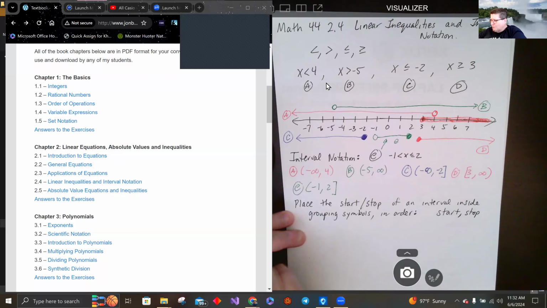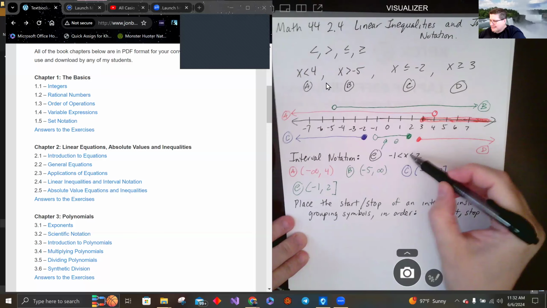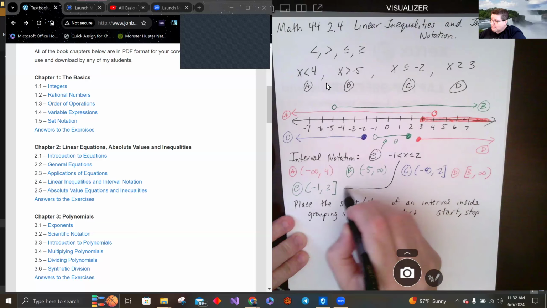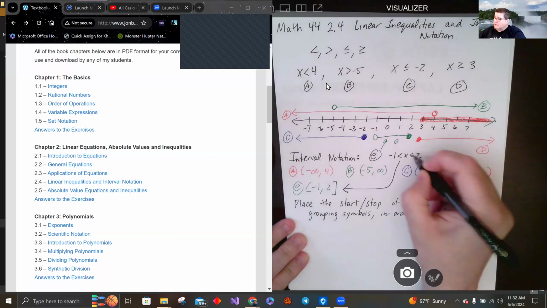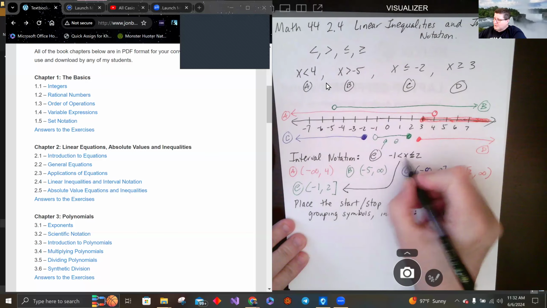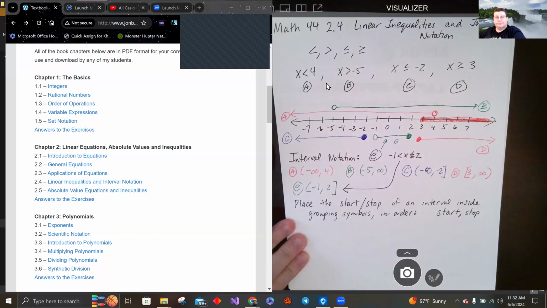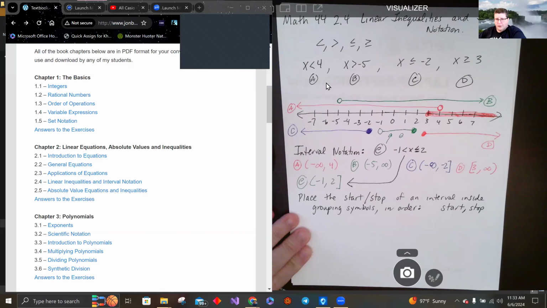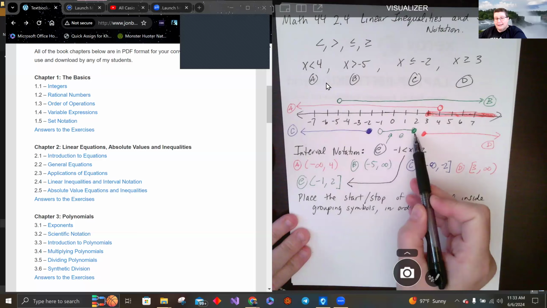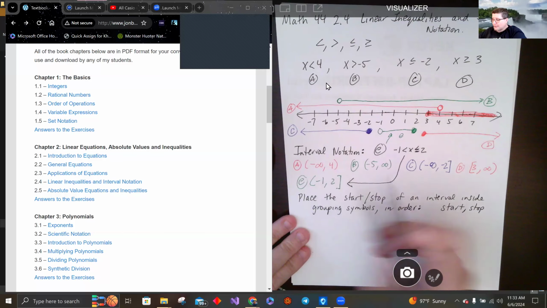I think with the -1 and the 2, it was the easiest to see. This is saying X is between -1 and 2. Okay, so we started at -1, we ended at 2. I used different grouping symbols there.